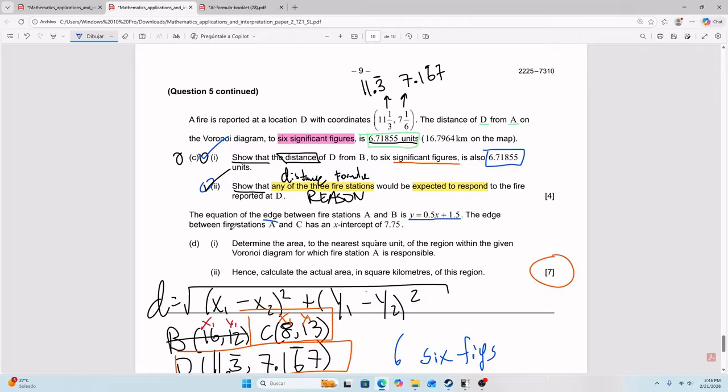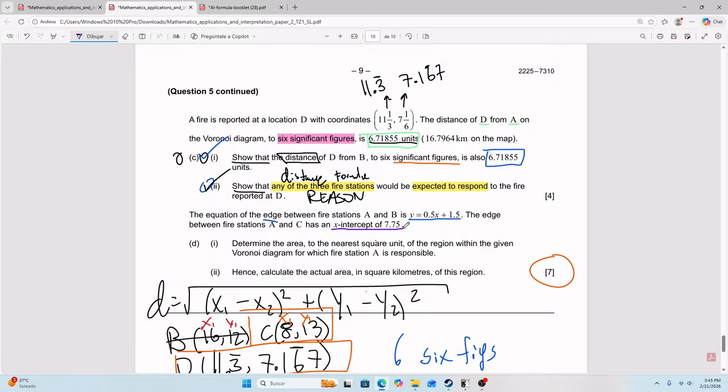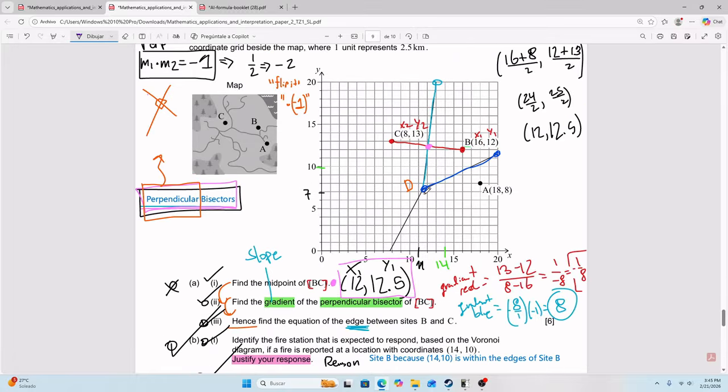Then they tell you that the edge between fire stations A and C, which I'm going to put in purple, they don't give you everything. They tell you it has an x-intercept of 7.75. So this line has that x-intercept. That right there is (7.75, 0), because it's an x-intercept. That's why you have 0 for y.